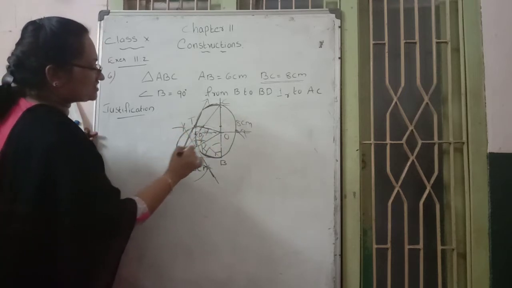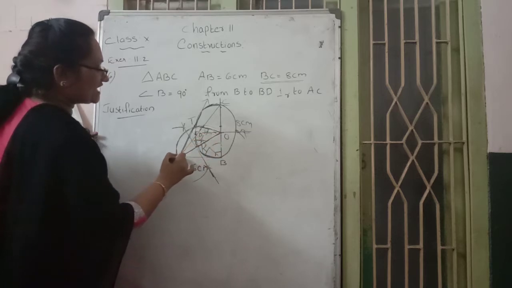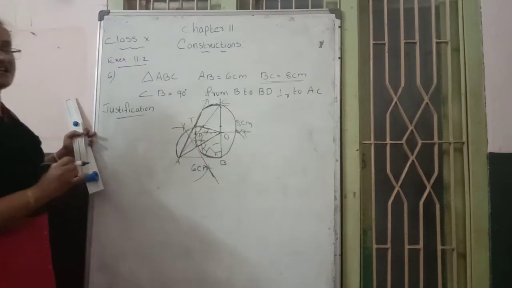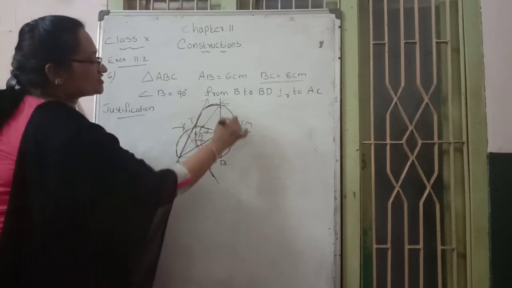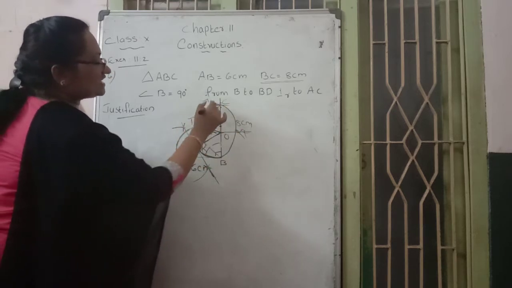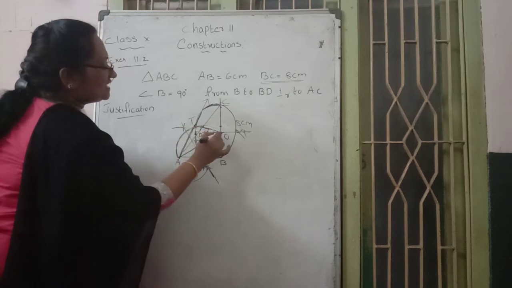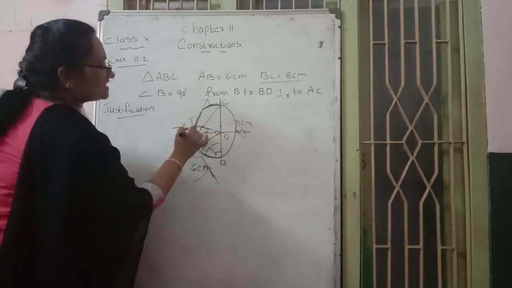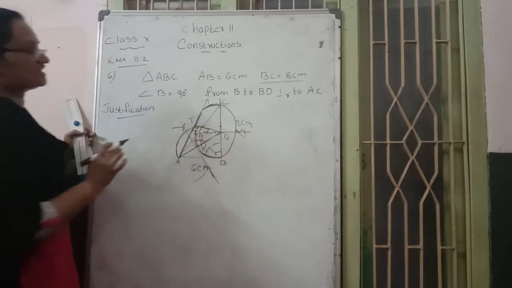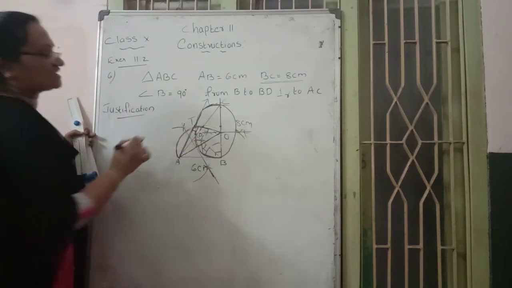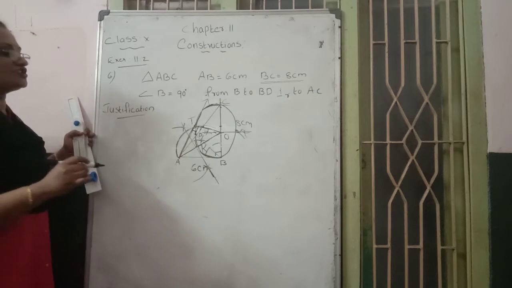Which is the right angle triangle? OAT, with a right angle. Here OT is the radius of the first circle. The radius and the tangent at the point of contact make how many degrees? 90 degrees. That's why vertex T is 90 degrees.